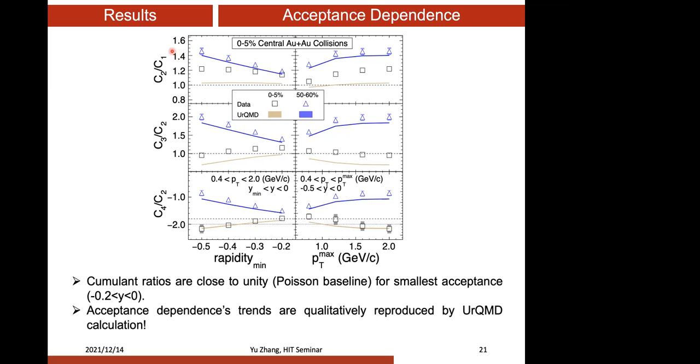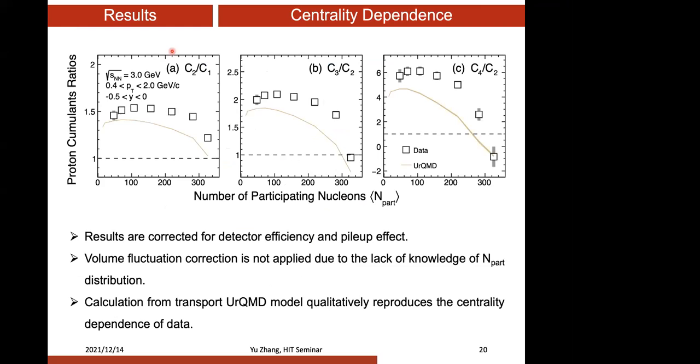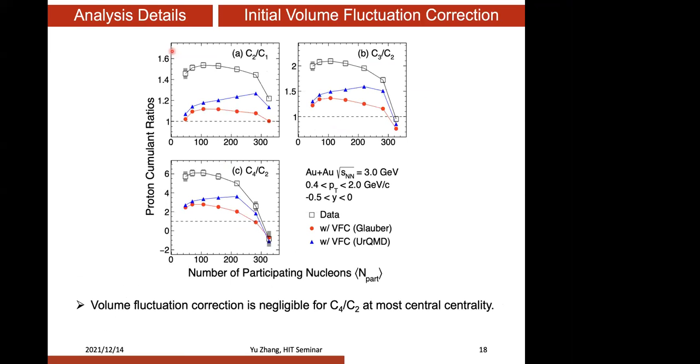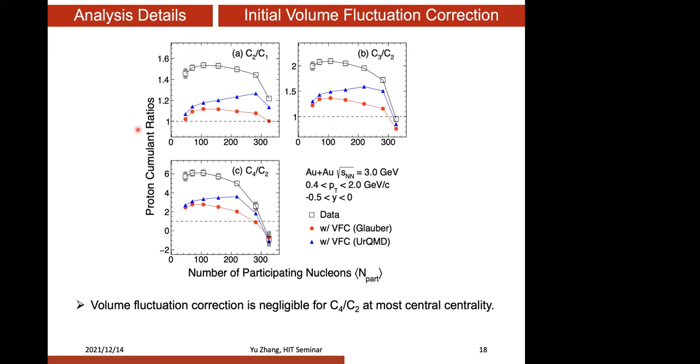Yu Zhang, maybe you have some plot on this or not? On the volume fluctuation correction contribution to different cumulants. Yeah, you mean this part? Maybe this helps, right? You can see that the contribution is more for C4 over C2 in the central collisions.